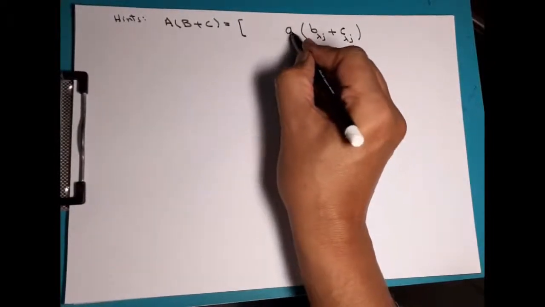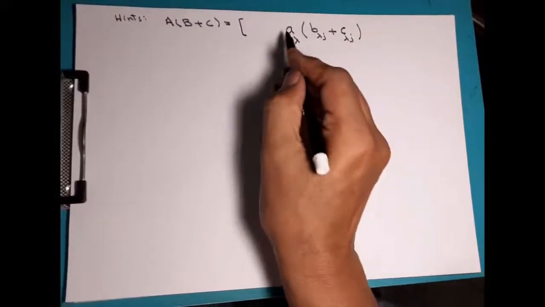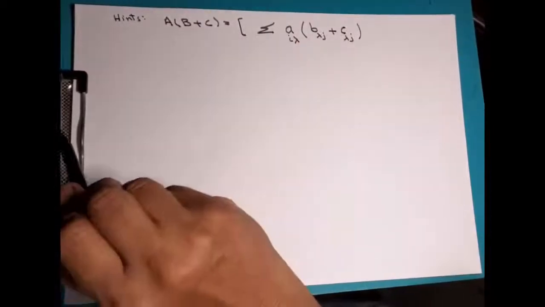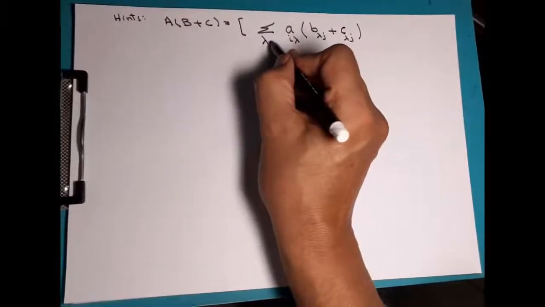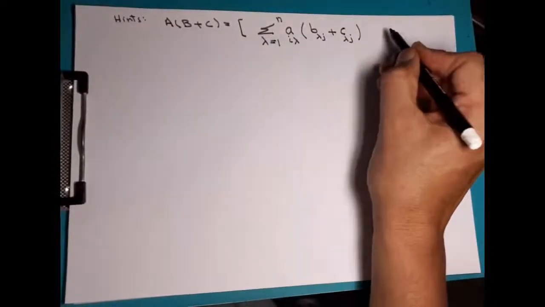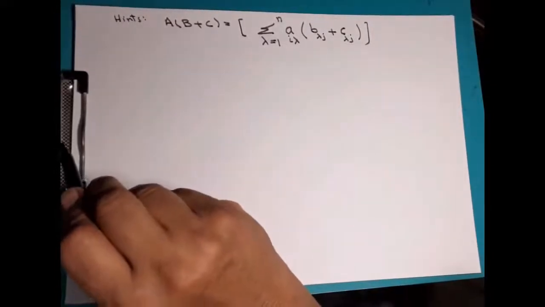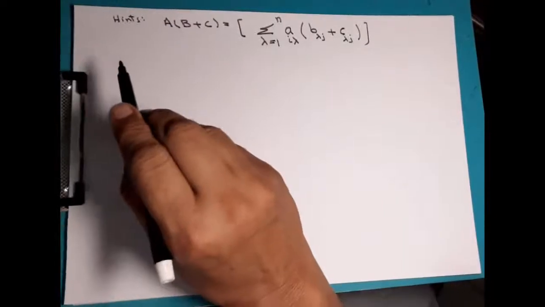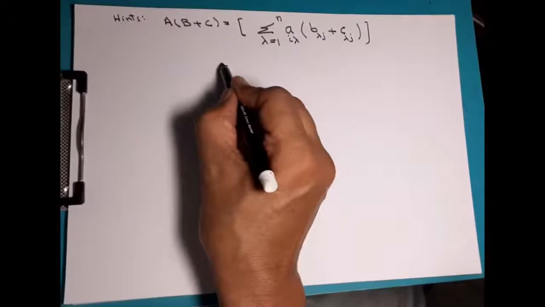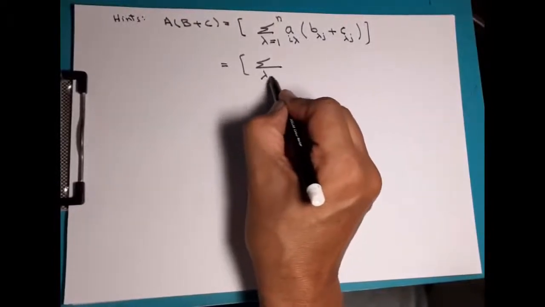So this is AI lambda. So this is ith row of A, and then we are going to take summation over lambda varies from 1 to n. So this is what A multiplied with B plus C is going to be, and this is equal to sigma lambda varies from 1 to n.